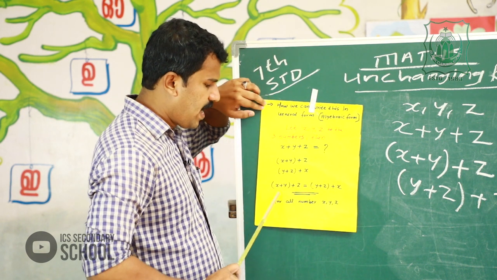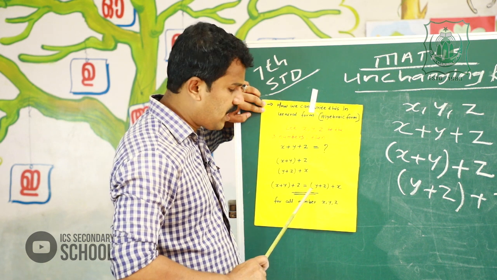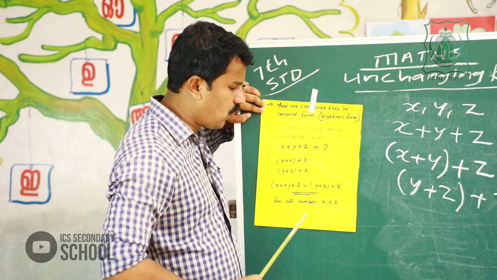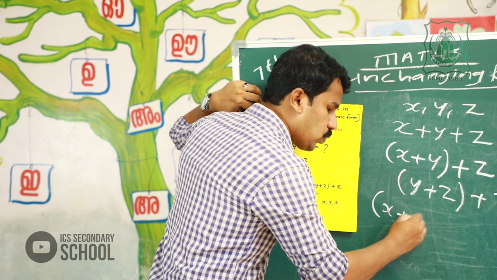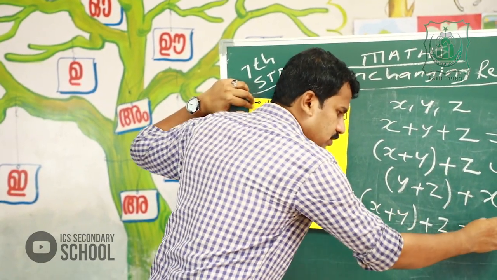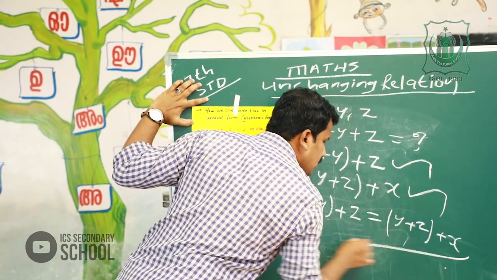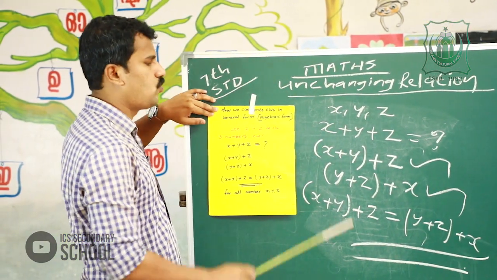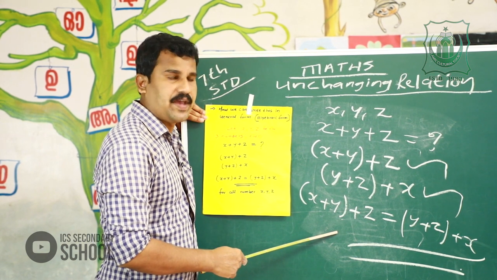The answer is the same for all numbers x, y, z. So x plus y plus z is equal to y plus z plus x.